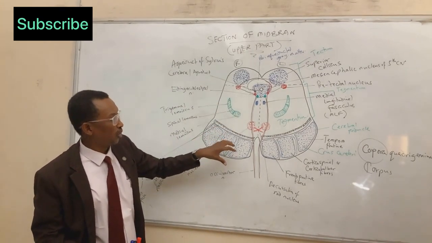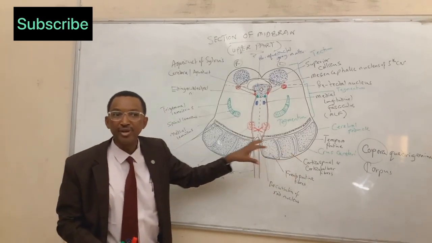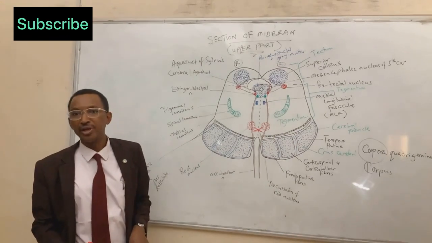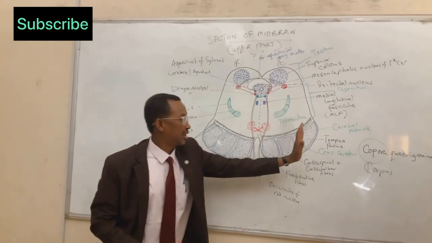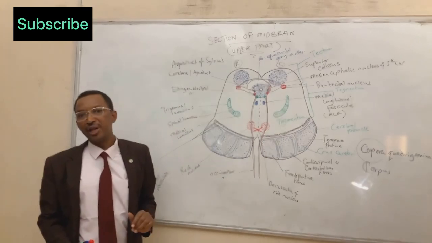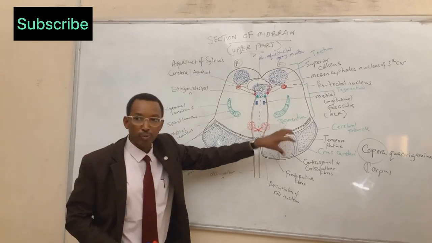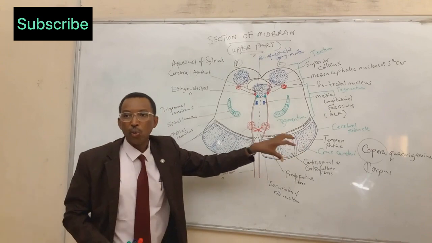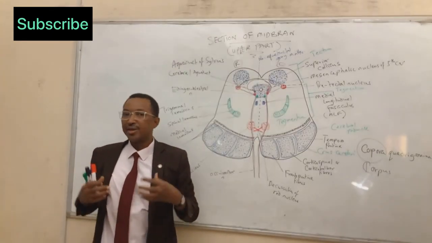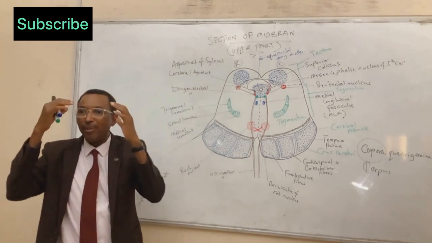And so when you now come to the crus cerebri of either side, the crus cerebri is divided into three parts. We have the lateral part, the middle part, and the medial part. Each of these parts contains fibers coming from the cerebral cortex. These fibers are bundled together.